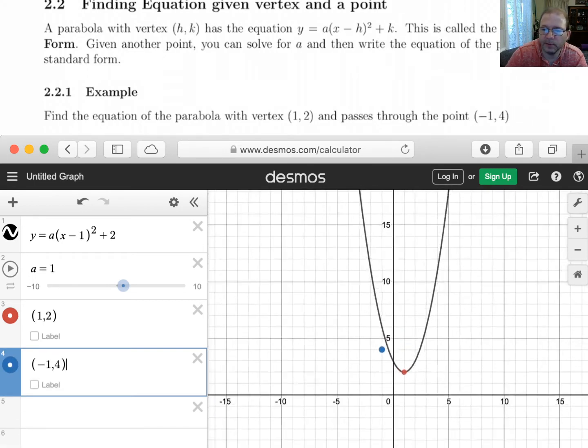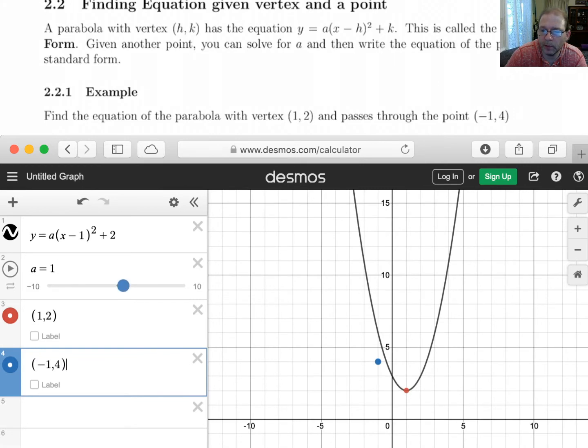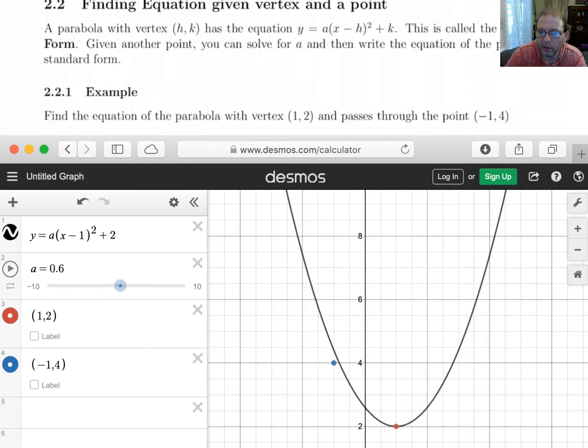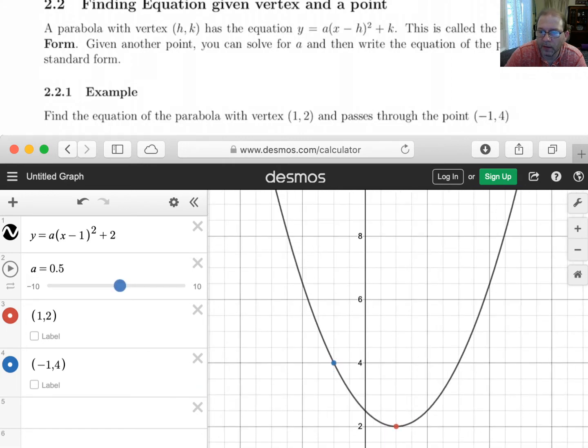To make that go through negative 1, 4, I can adjust a until it goes through there. Yeah, right there. So that's one way you could do this: fix the vertex where it's supposed to be and then play with a until it touches the right point.